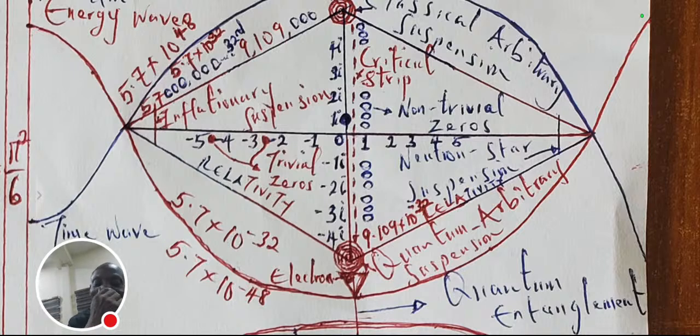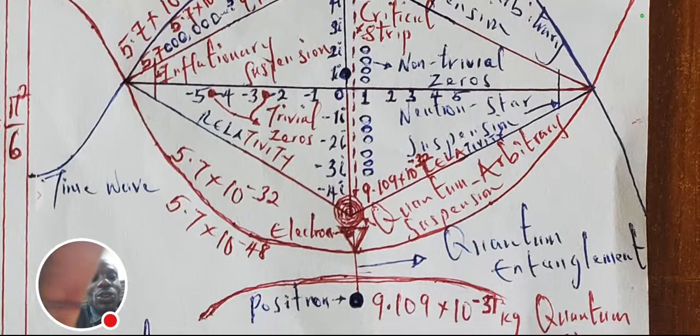So now, quantum gravity is so tiny that we could not even sense it at classical level at all. It is so tiny relative to classical mechanics.